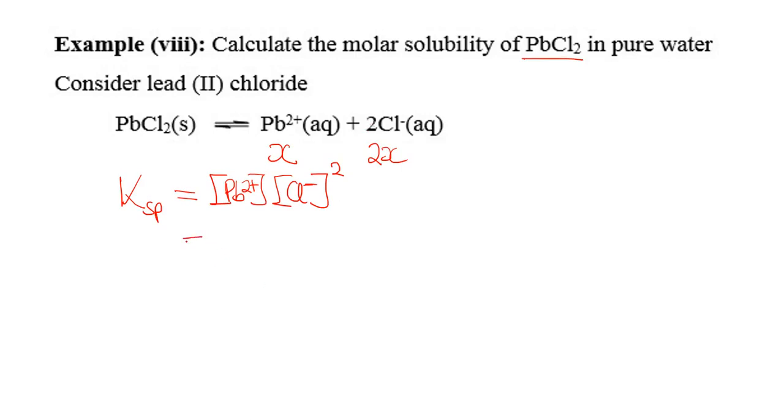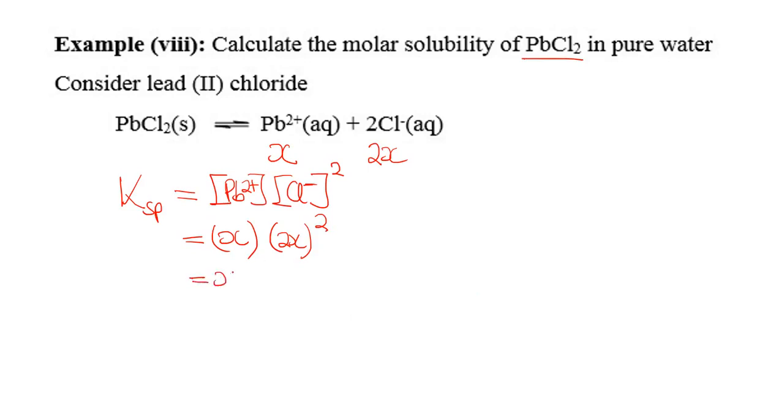So we substitute the x's in the concentrations here. So we have x for lead ion and 2x to the power 2 for the chloride ions.